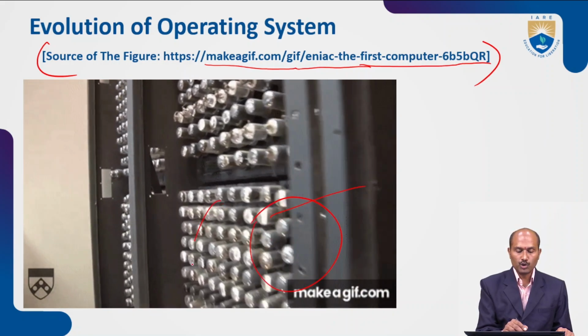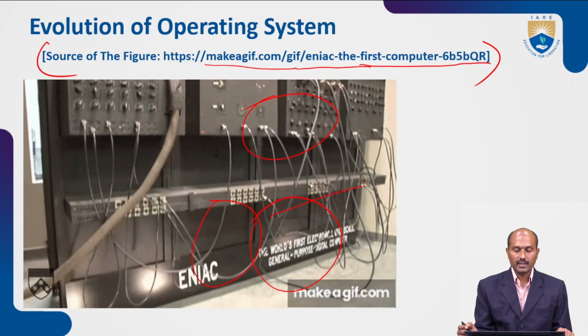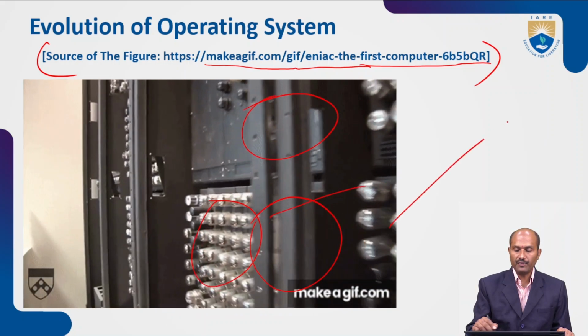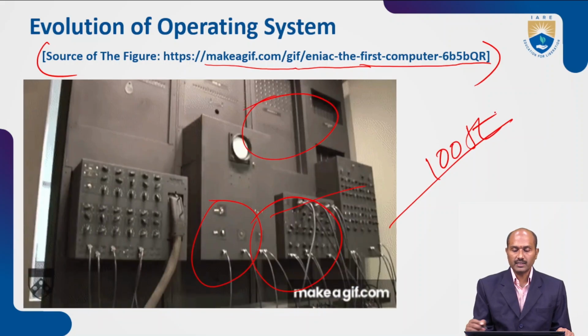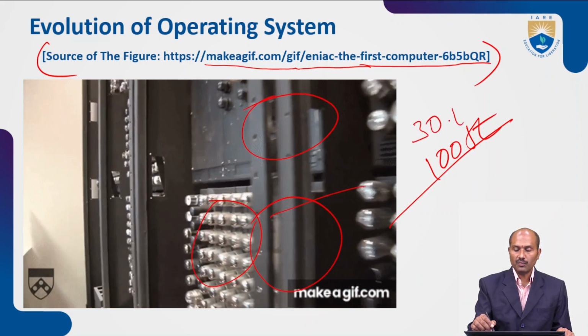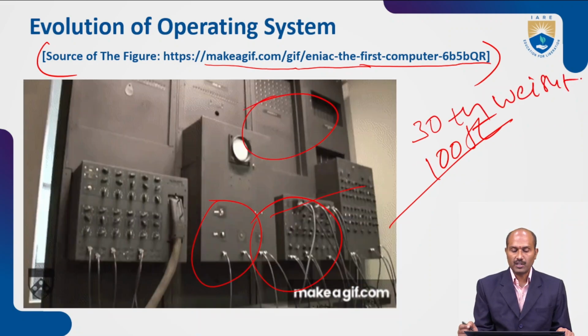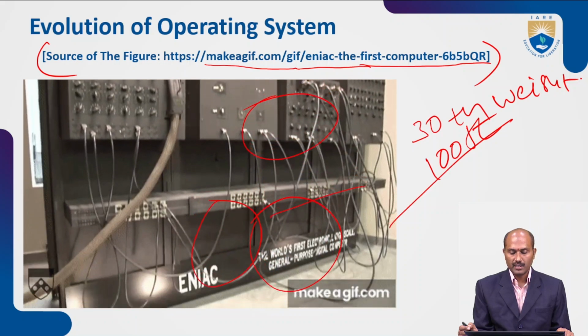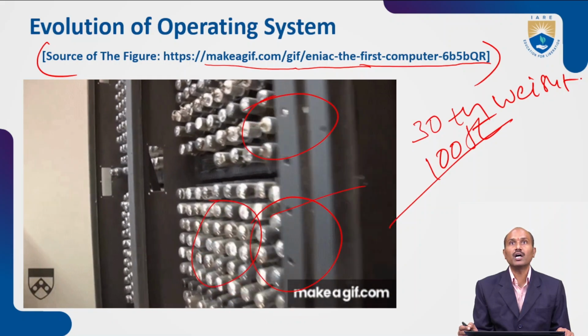See the number of vacuum tubes and the length: 100 feet long, and the weight is up to 30 tons. A very big computer, the world's first electronic numerical integrator and computer.